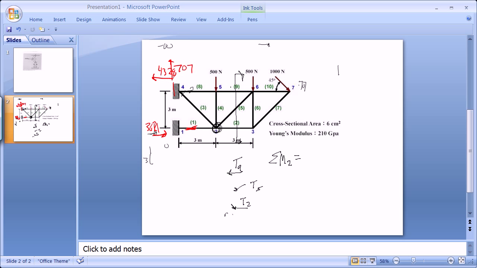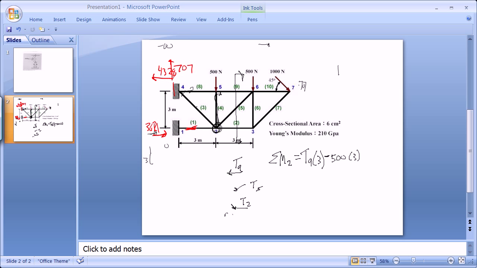So, starting with this tension, the tension in 9 is going to the left, so it is causing positive spin, and it is 3 away according to the moment arm. In other words, this distance up here is 3. So we've got that one. We then also have 500 spinning 3 meters away, and that, of course, is spinning negatively.